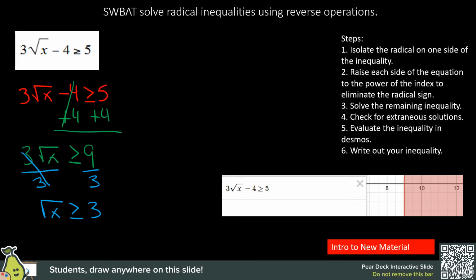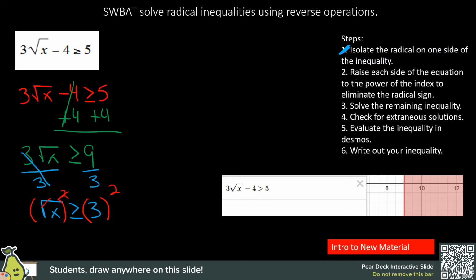From here, to undo this radical symbol, which is the second step here, we do want to raise both sides to the power of 2, because the index value of this radical is 2.